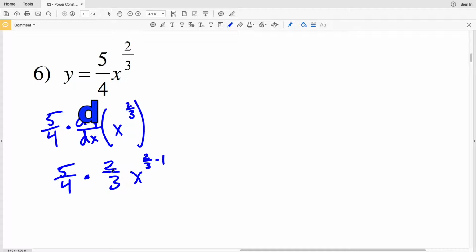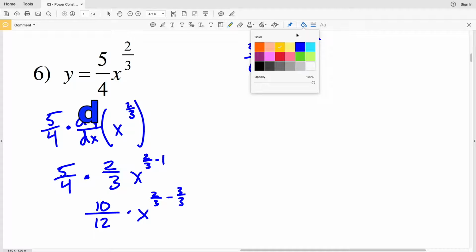So 5 times 2 over 4 times 3, that's going to be 10 over 12 times x to the 2/3 minus 1, but I'm going to write 1 as 3 over 3. Now I'll simplify, because 10 over 12, both are divisible by 2. So I'll have 5 over 6 times x to the 2/3 minus 3/3, which is a negative 1/3.